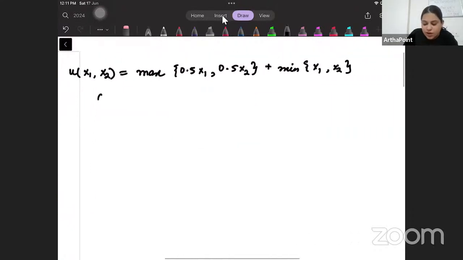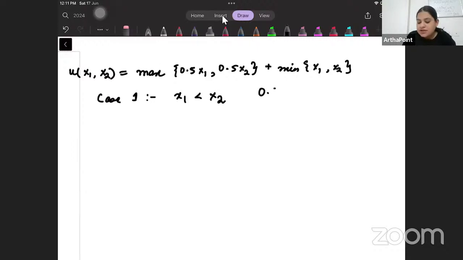So beta, case 1. Please do it along with me only. When x1 is less than x2, if I multiply 0.5 on both sides also, 0.5 x1 will be less than 0.5 x2, right? So out of the two, what will be maximum?